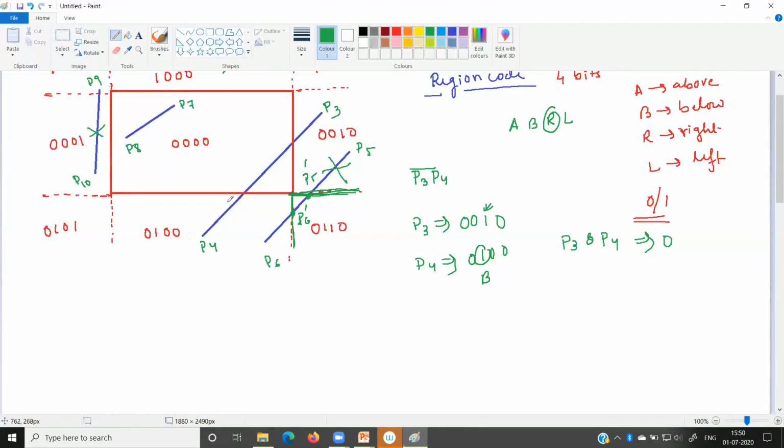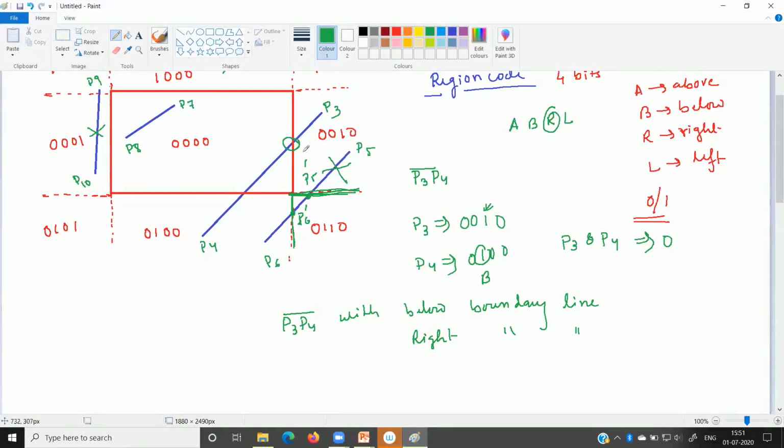P3, P4 is one line segment, and we have to find out its intersection with the below boundary line, and we also find out the intersection with the right boundary line of the clip window.